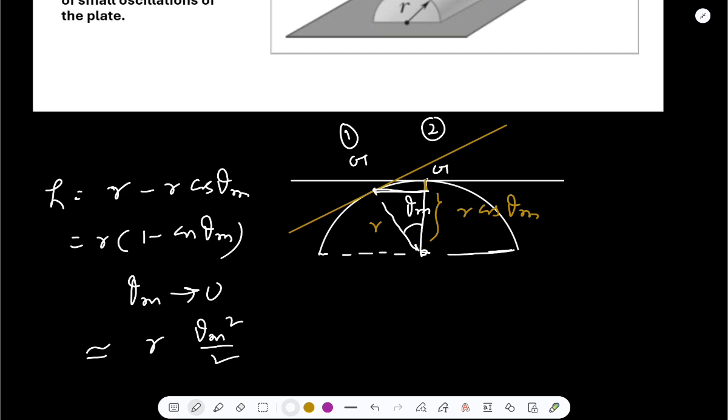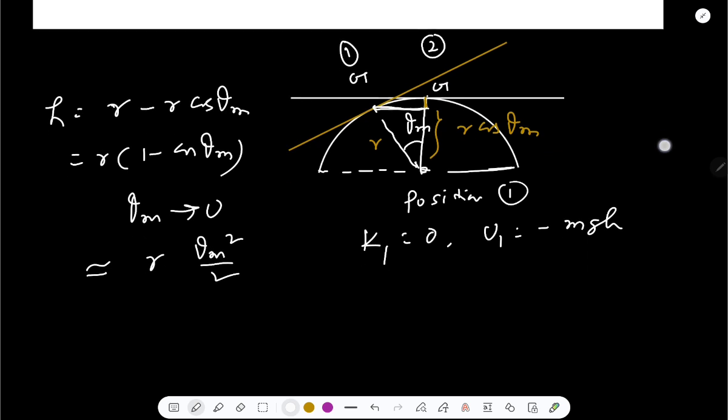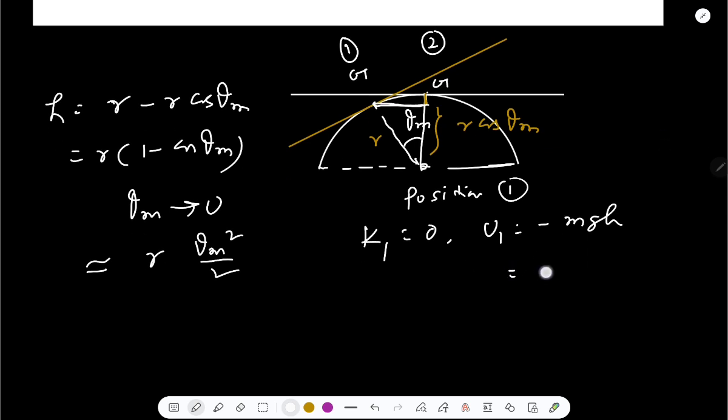And now you can write the conservation of energy. So make the preparation in position 1, that is one of the extreme positions. Here, if this position is extreme, its kinetic energy is going to be 0, and its potential energy is simply minus mgh, and h is r theta m square by 2.